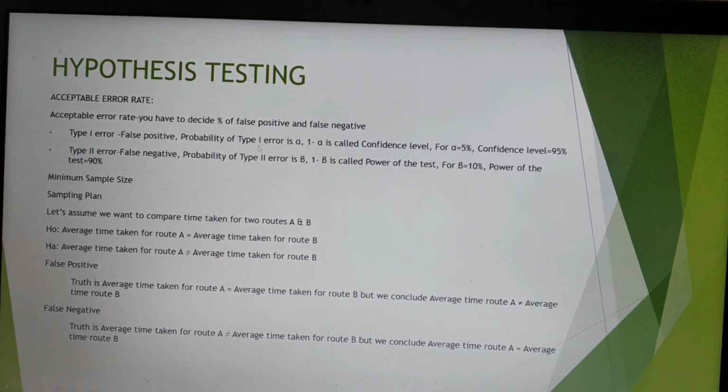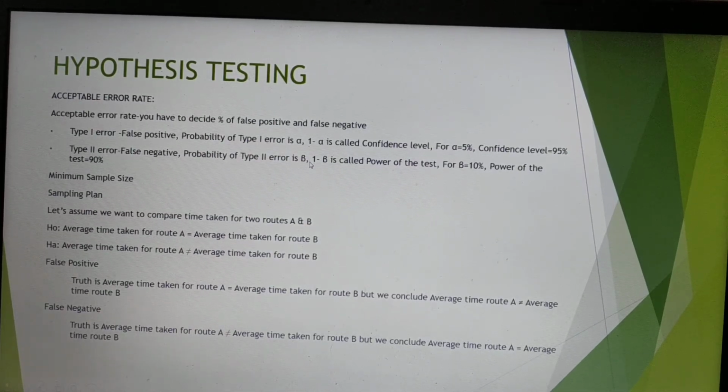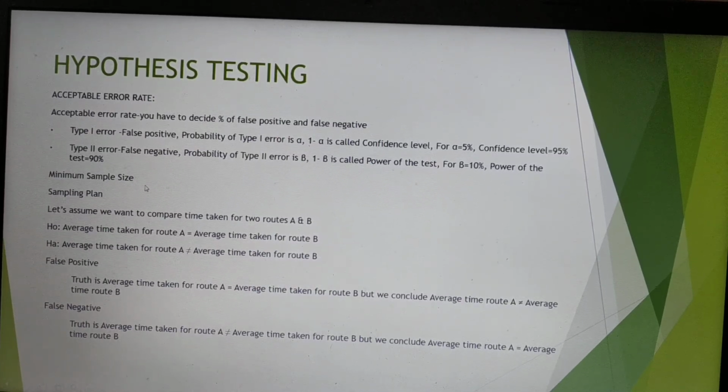Now this alpha and beta has to be decided by the person performing the test, because as we lower the alpha and beta, our sample size increases. So the minimum sample size would depend upon alpha and beta.